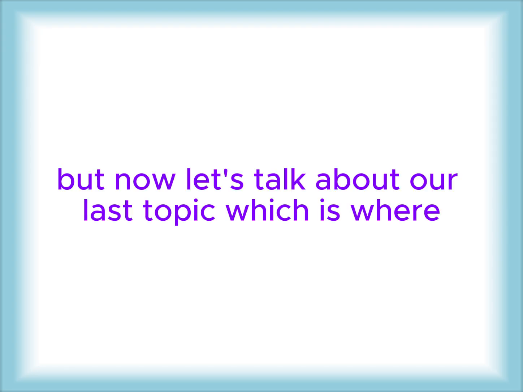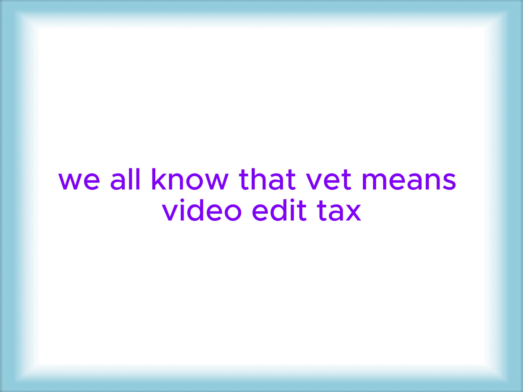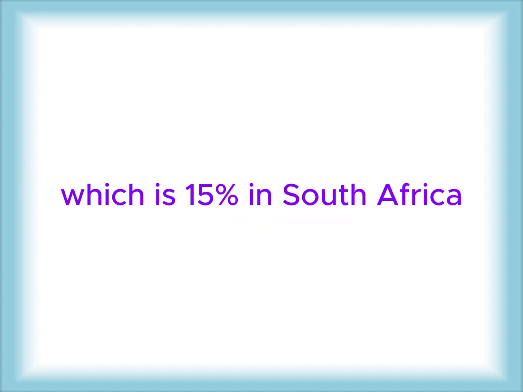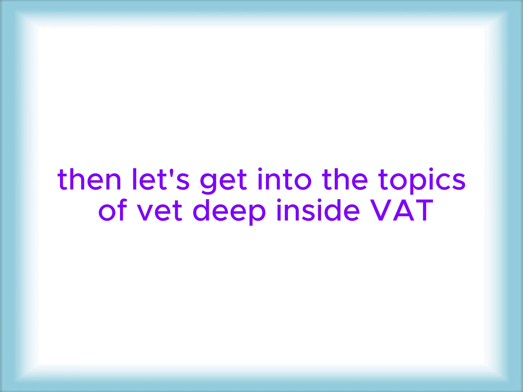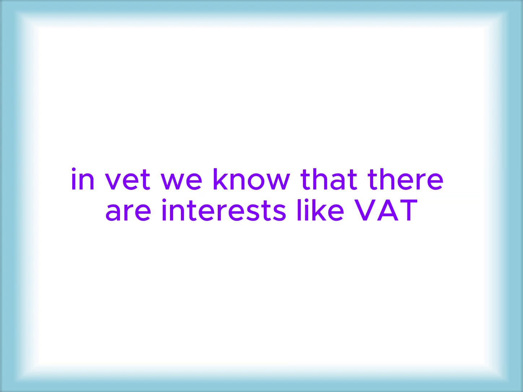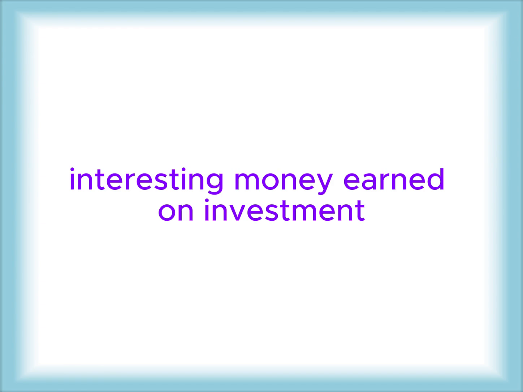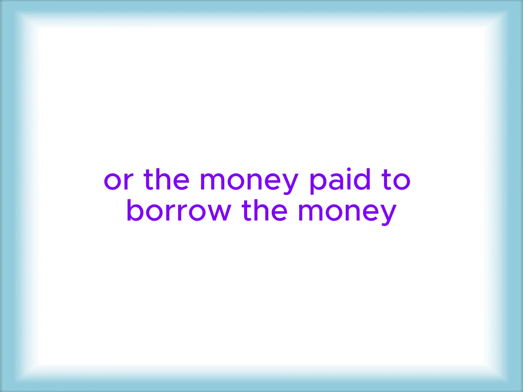And now let's talk about our last topic, which is VAT. We all know that VAT means value added tax, which is 15% in South Africa, right? Then let's get into the topics. Interest is money earned on investment, or money paid to borrow money.